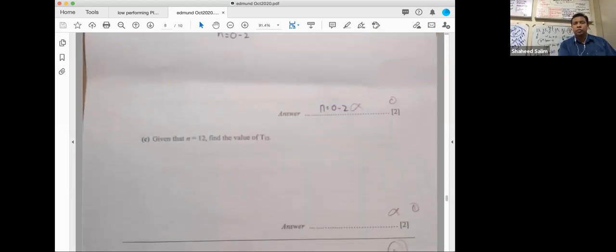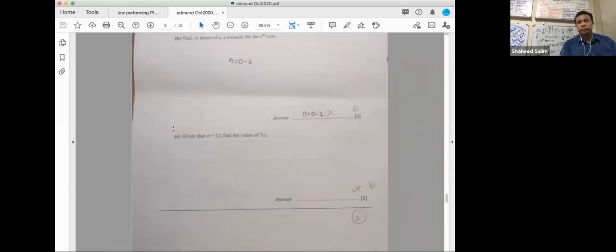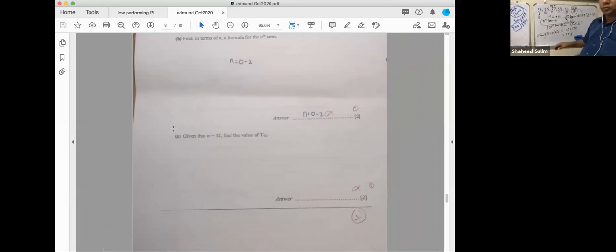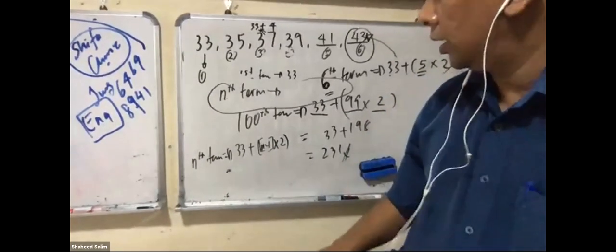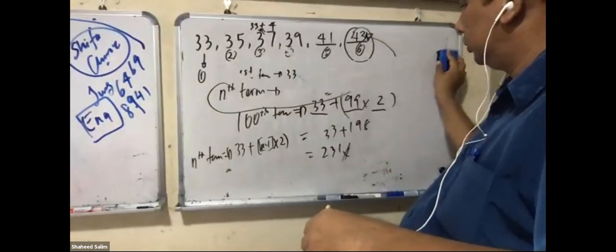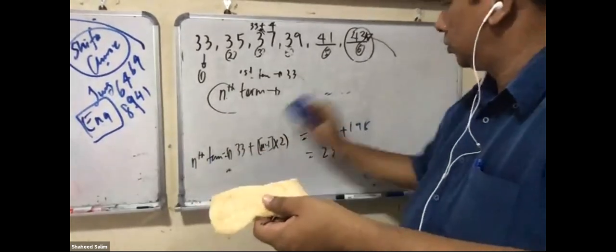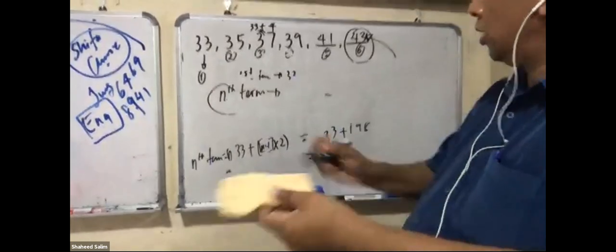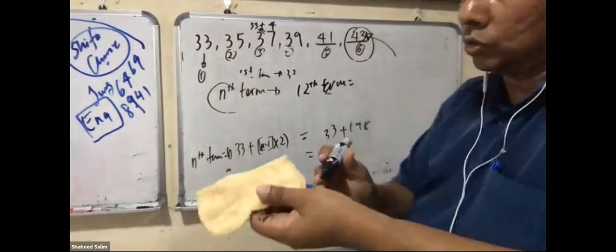Okay, they ask you to find what is term number 12. Can you find out? Term number 12. You use the same formula. The 12th term equals what plus what?